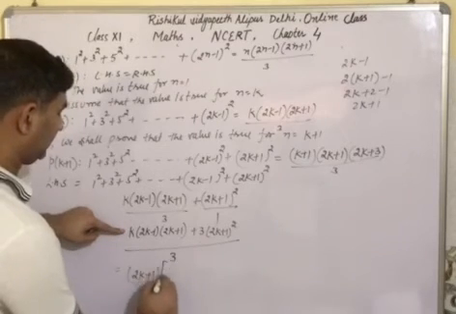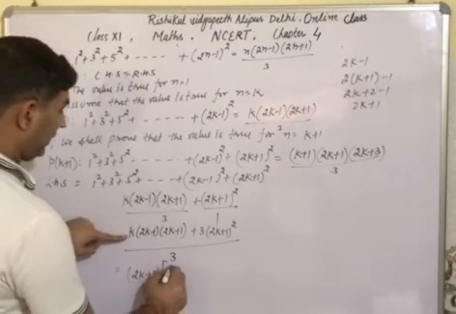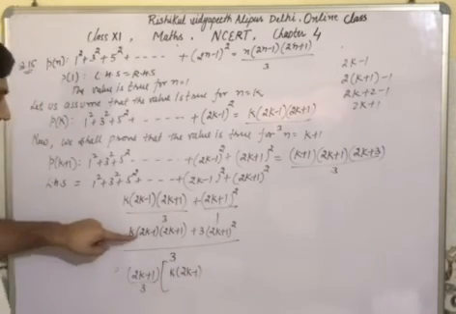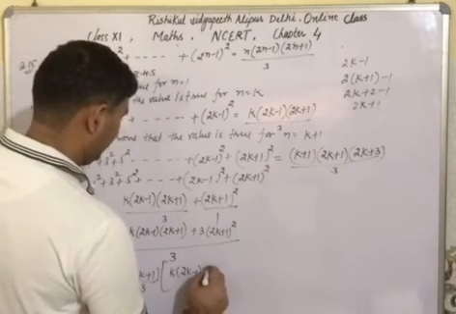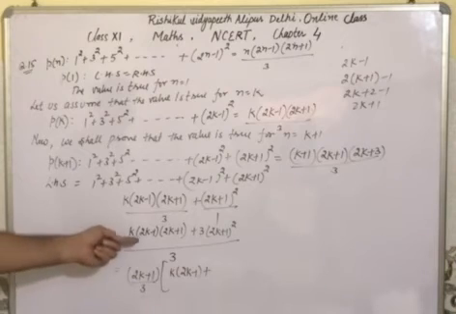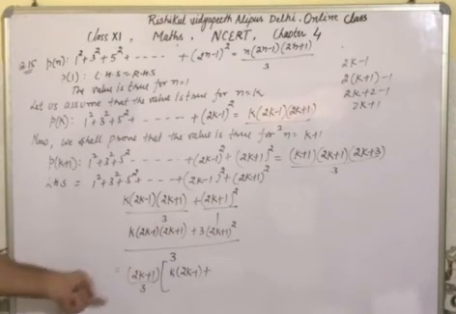Then k into 2k minus 1, and this term is plus 3 into 2k plus 1. You have taken out 2k plus 1 as common.